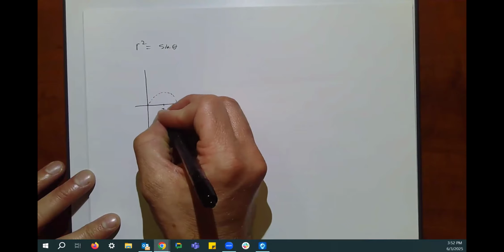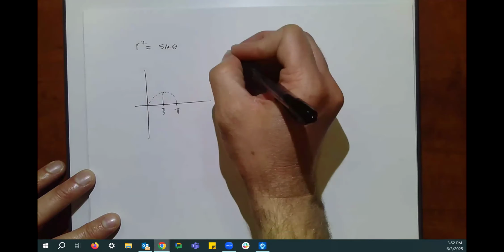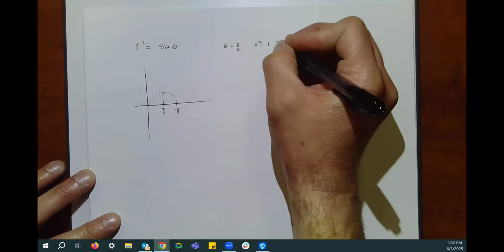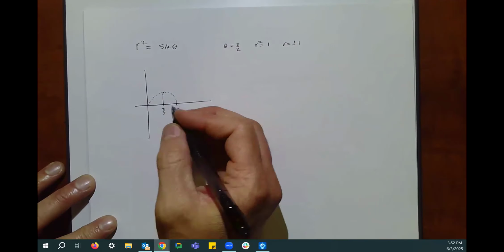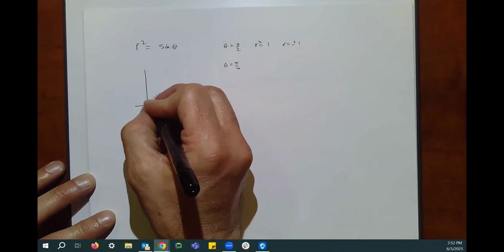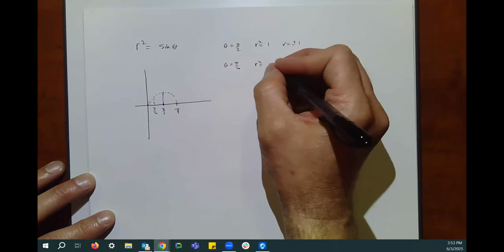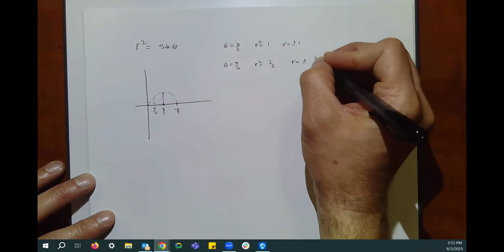So at pi over 2, r squared is equal to 1. So r is equal to plus or minus 1. But say at pi over 6 over here, your r squared is equal to sine of pi over 6, which is 1/2. So r is equal to plus or minus 1 over root 2.